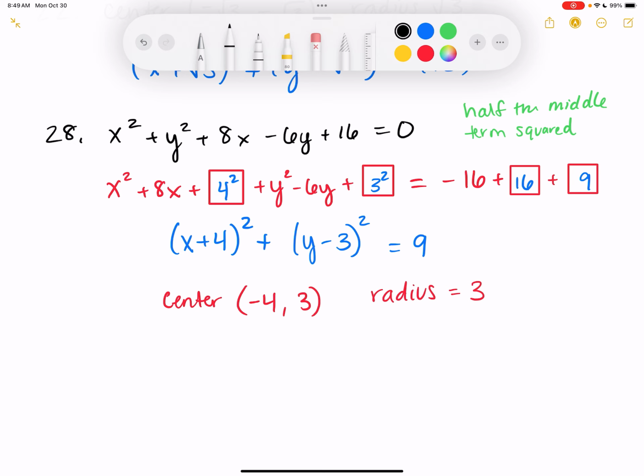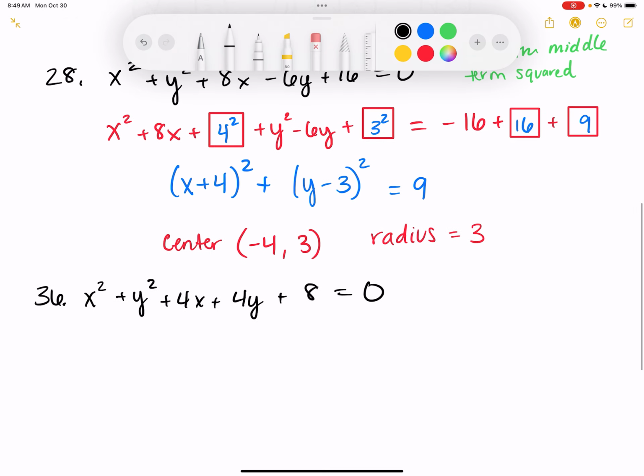So x squared plus y squared plus 4x plus 4y plus 8 equals 0. All right, so just like in the last problem, I'm going to reorder some stuff.